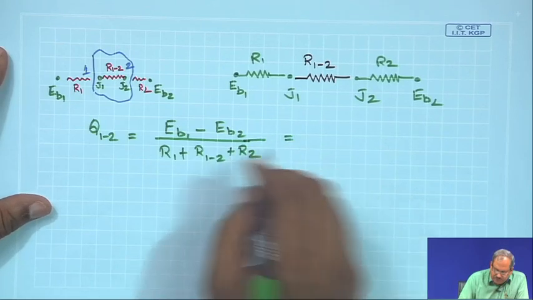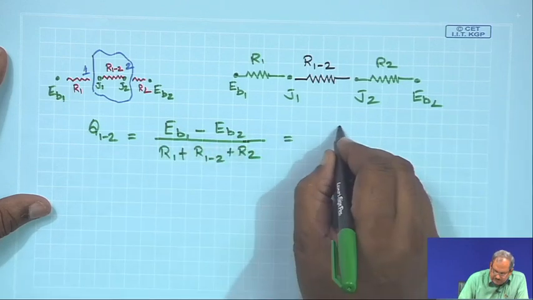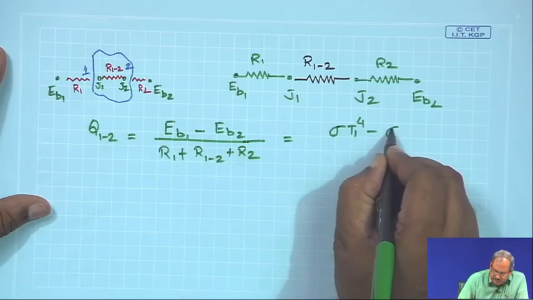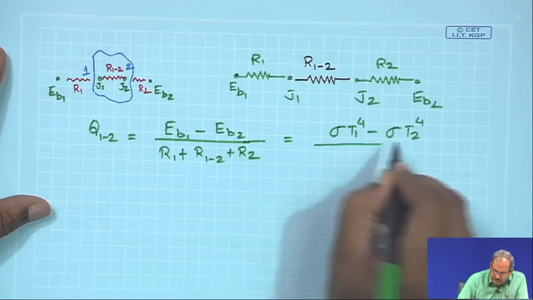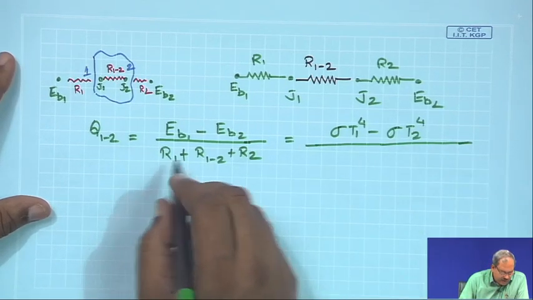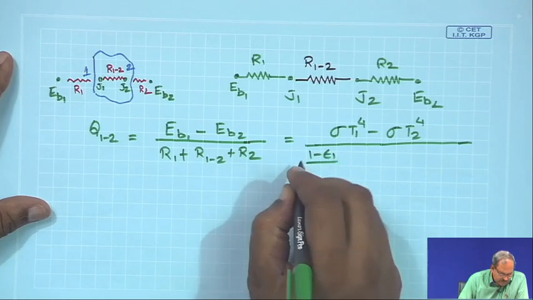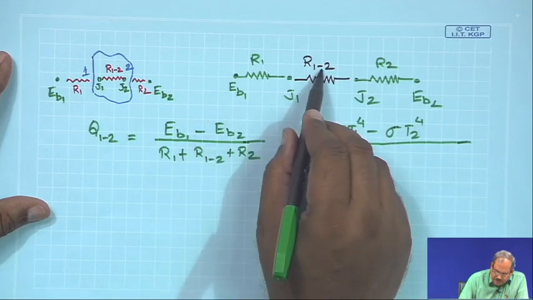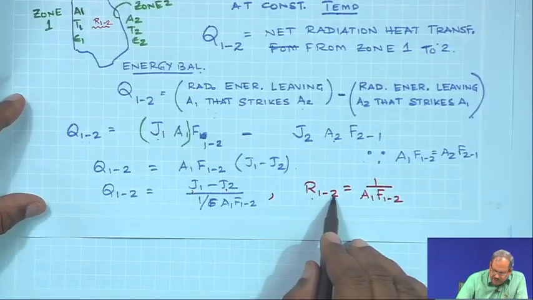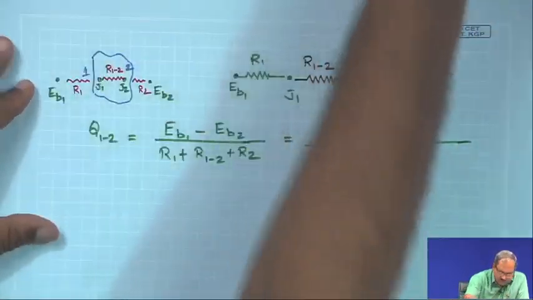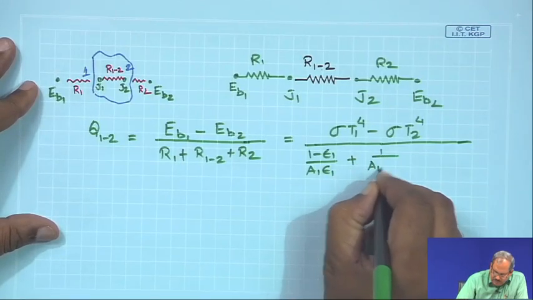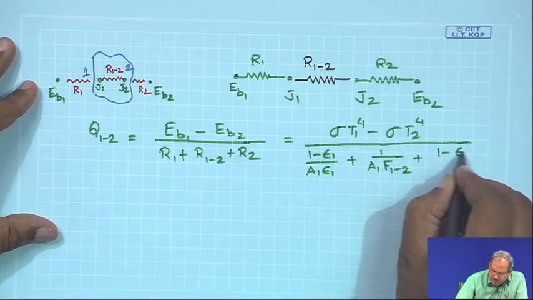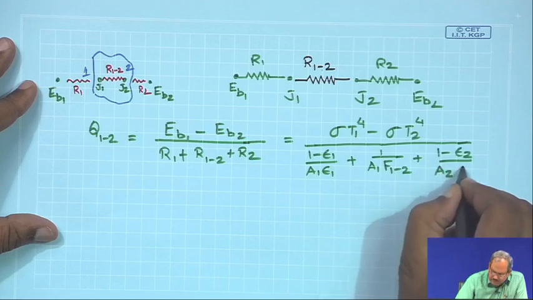And when you substitute, this is going to be sigma T1 to the power 4, these are black body potentials, minus sigma T2 to the power 4, and when you plug in the expression for R1, as we have done in the last class, it is 1 minus epsilon 1 by A1 epsilon 1, plus for the case of R12, as we have seen, R1 to 2 is simply 1 by A1 F12, plus for the case of R2 it is going to be 1 minus epsilon 2 by A2 epsilon 2.